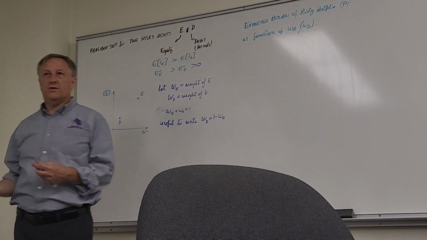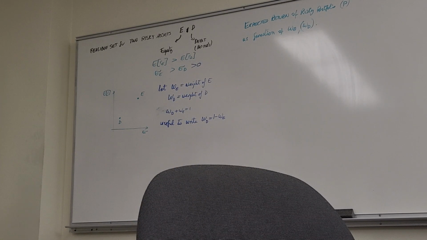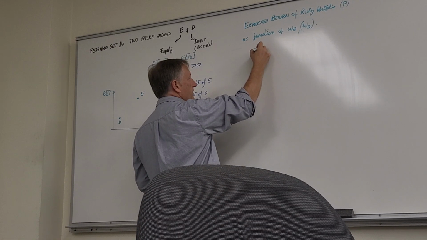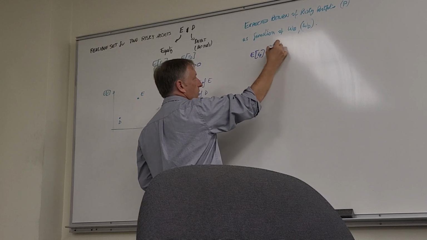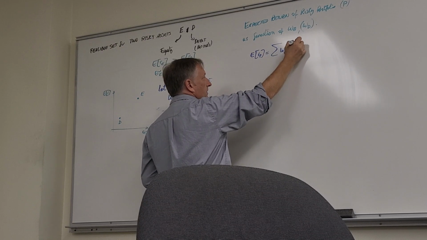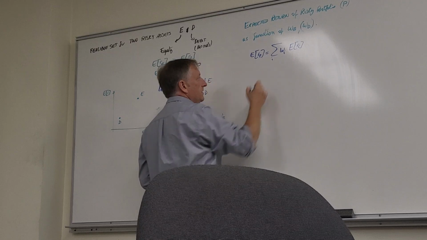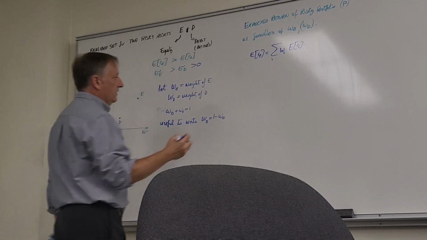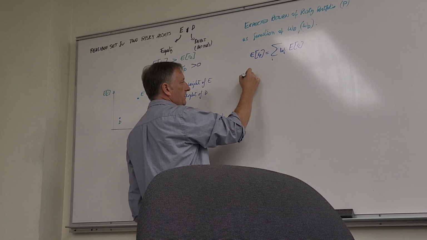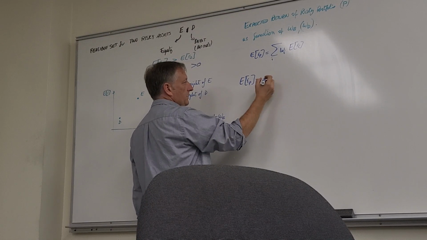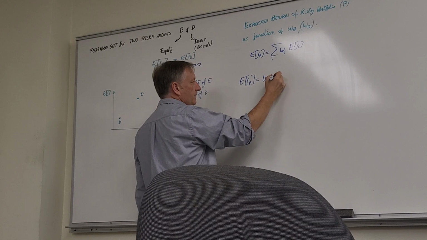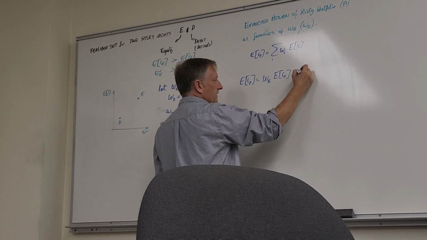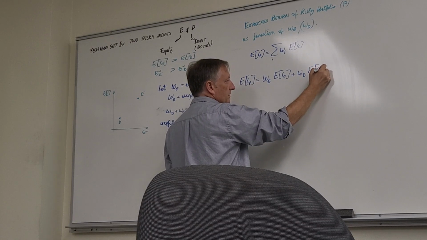As long as you know one, you know the weight of the other, right? So remember, the expected return of a portfolio in general is the weighted average of the returns of the assets that you have in the portfolio. So we're going to apply this to this scenario. We have the expected return of P is equal to the weight of equity times expected return of equity, plus the weight of debt times expected return of debt.